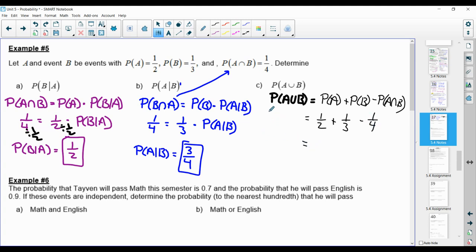And the probability of A or B will be 7/12. So this is one where we can just take those numbers and plug them directly into the formula.